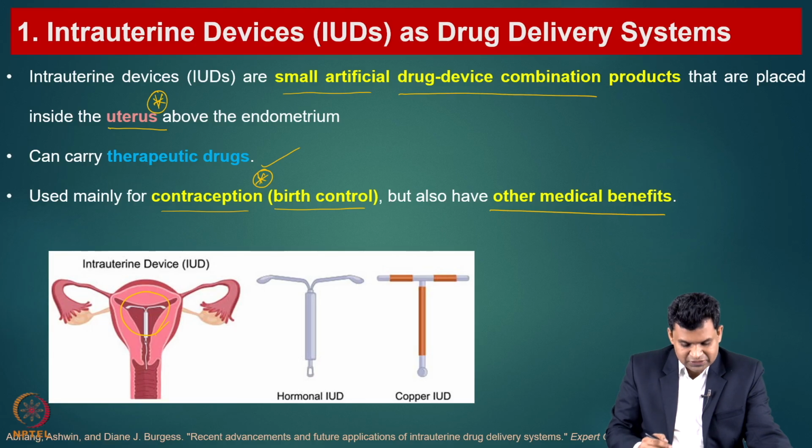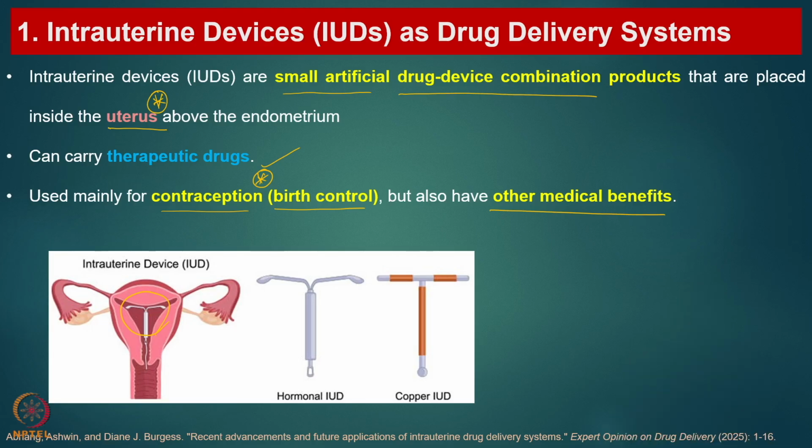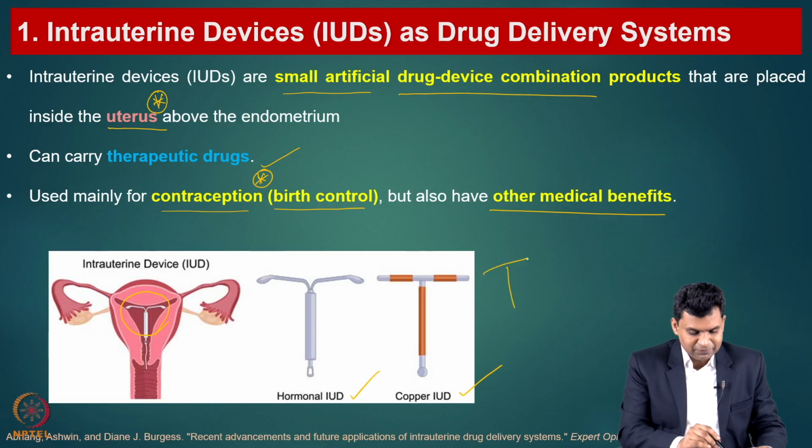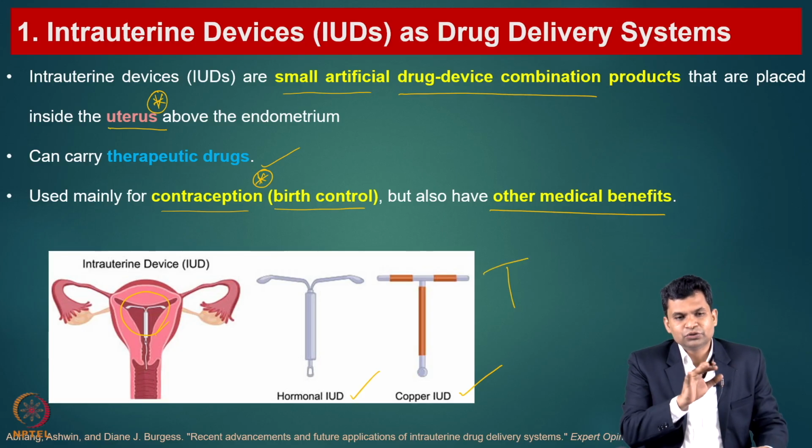Now, here in the picture you can see there are two types of devices. One is the hormonal intrauterine device and the other is the copper intrauterine device. You can see it has a T-shaped structure, which can be easily held and placed into the uterus.